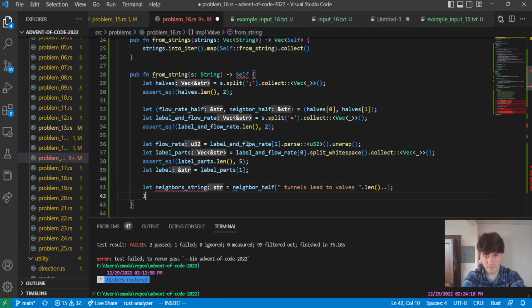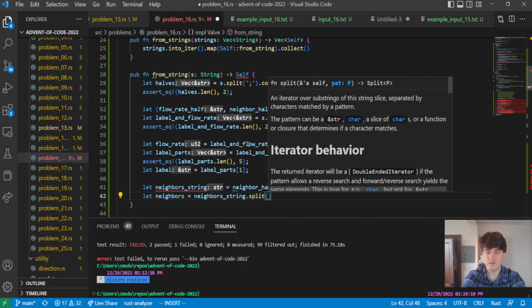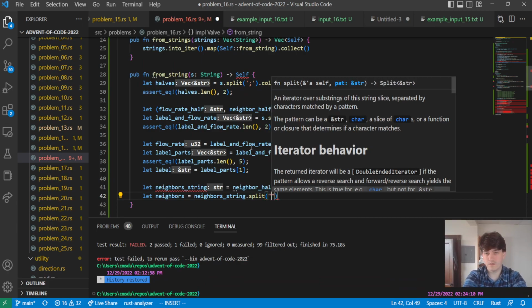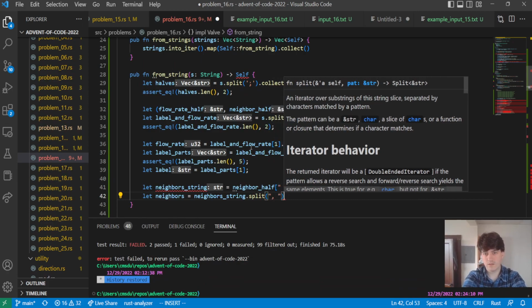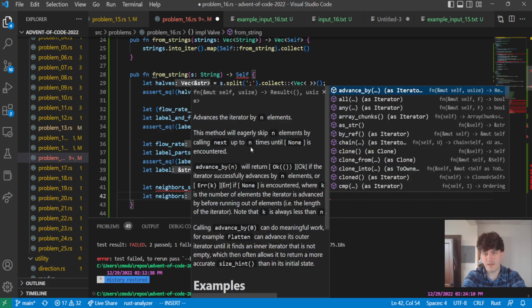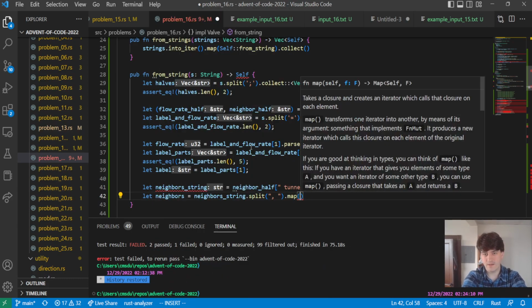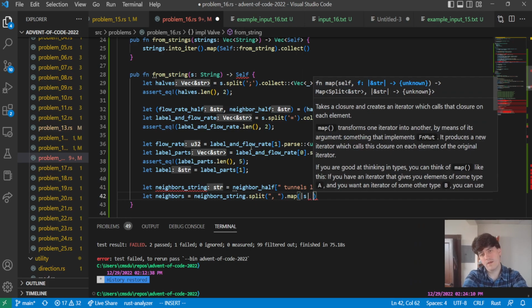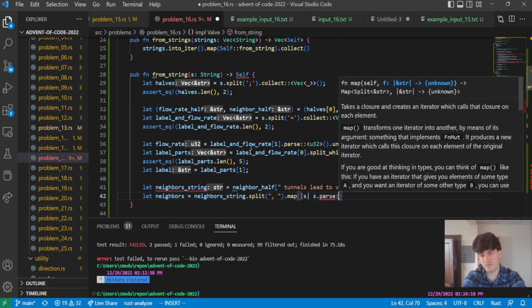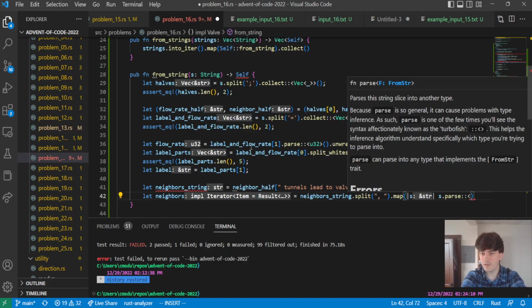And then let neighbors equal neighbors_string.split on this guy, map s.parse into a.